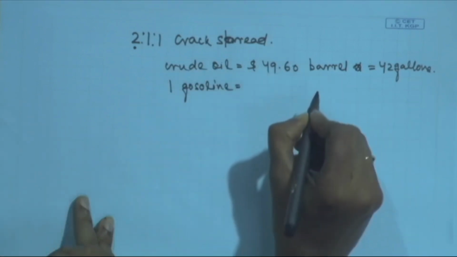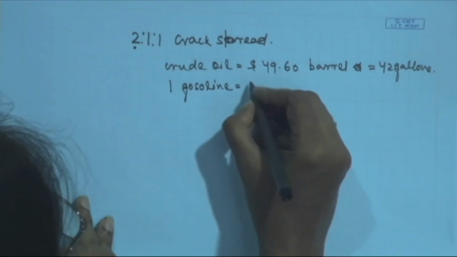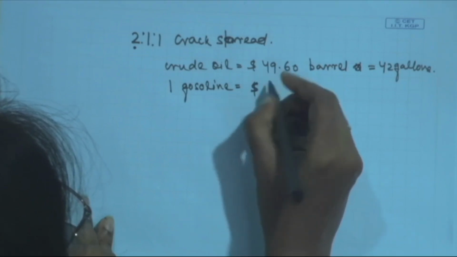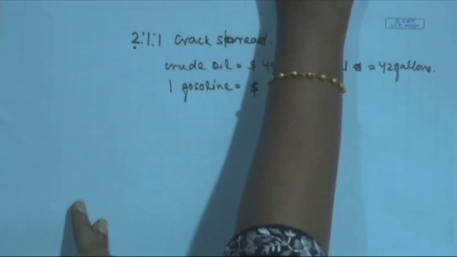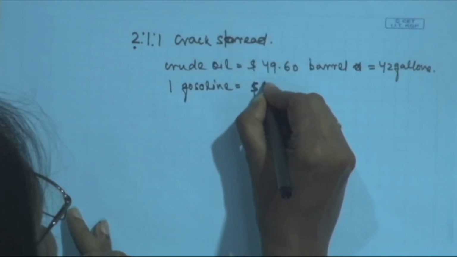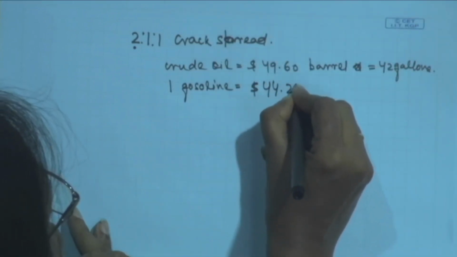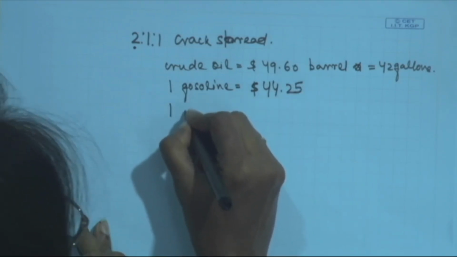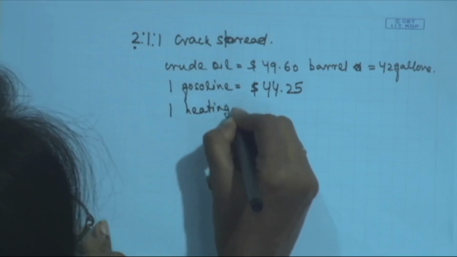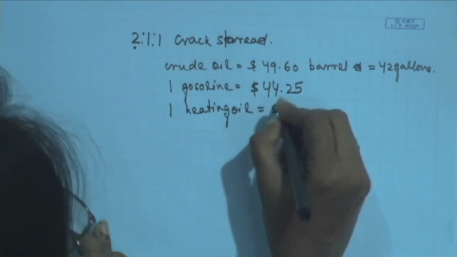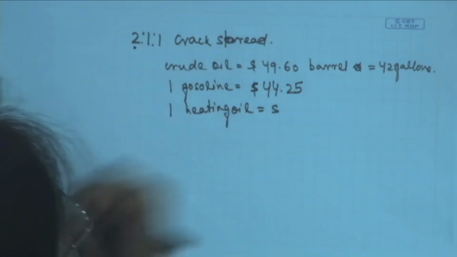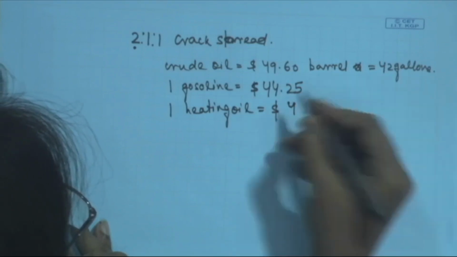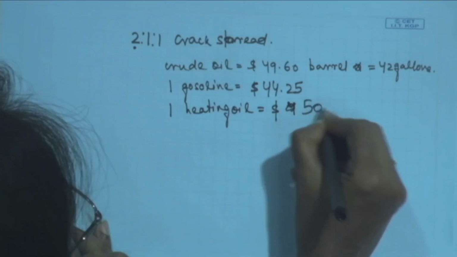The price expressed per 42 gallons equivalent is coming to, let's say, 44.25, and one heating oil contract, equivalent to 42 gallons, is coming to, let's say, 50.75.